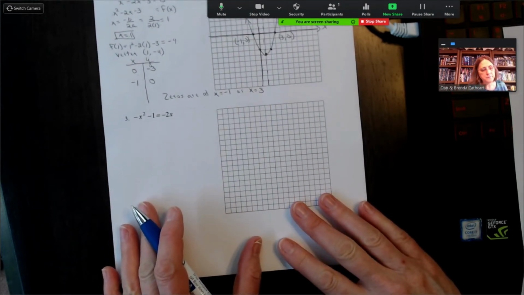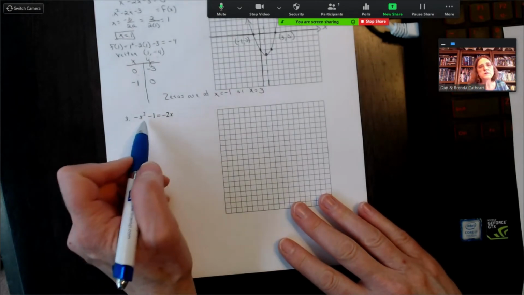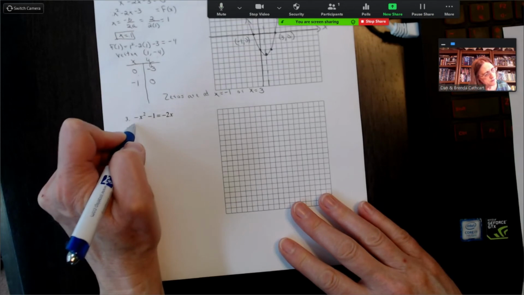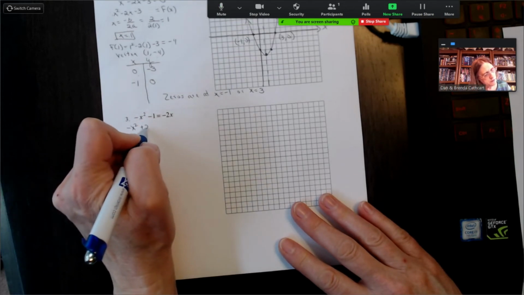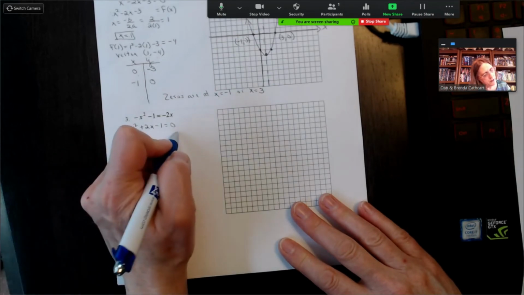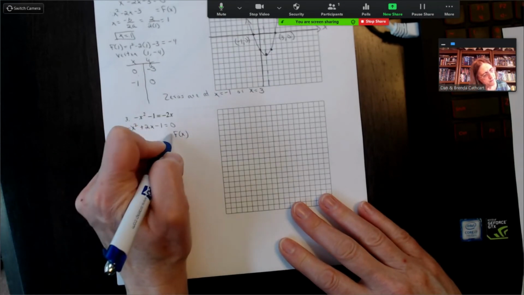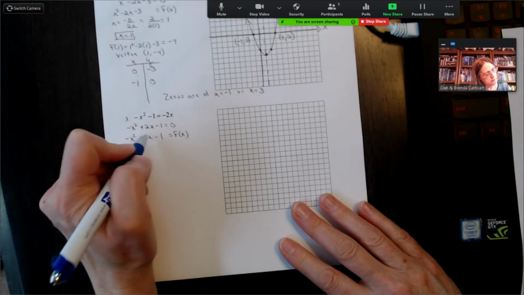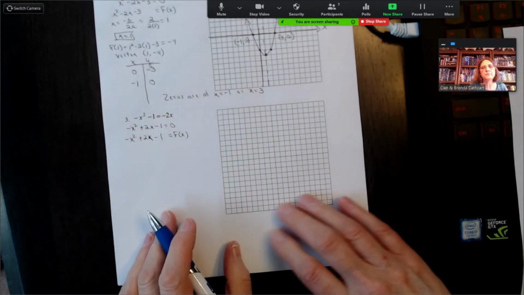Let's do another one. Again, we want to get one side equal to 0 first, so let's add 2x to both sides. So we have negative x squared plus 2x minus 1 equals 0. And to graph it, we're going to look at the graph of f of x equals negative x squared plus 2x minus 1.